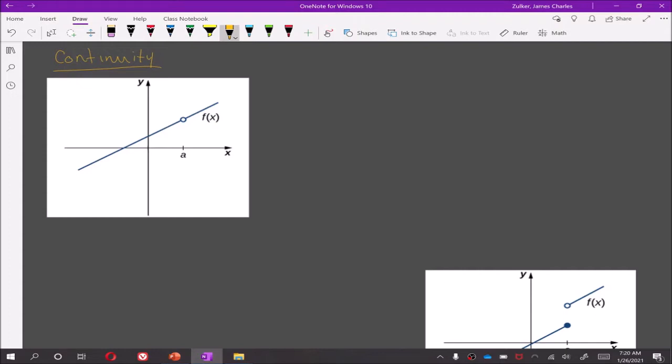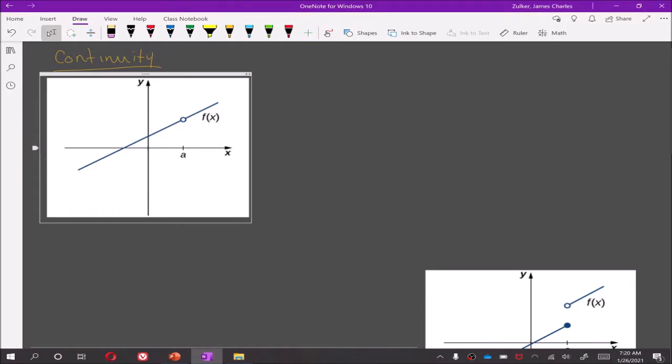First, we look at three graphs. We start with this graph right here, and we ask, is this function continuous? Well, remember from pre-calculus, the idea of continuity was essentially a function is continuous if you can draw the curve of the graph without lifting your pencil.